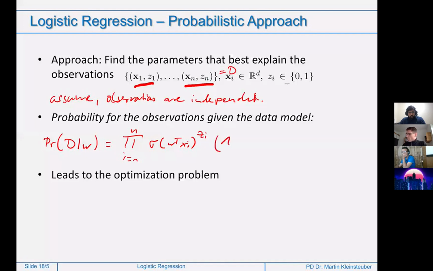And you have 1 minus sigma W transpose xi to the 1 minus zi here. So this is what you observe. And you have a few times death, and this is the probability here, and then you have a few times non-death, and this is the probability there.